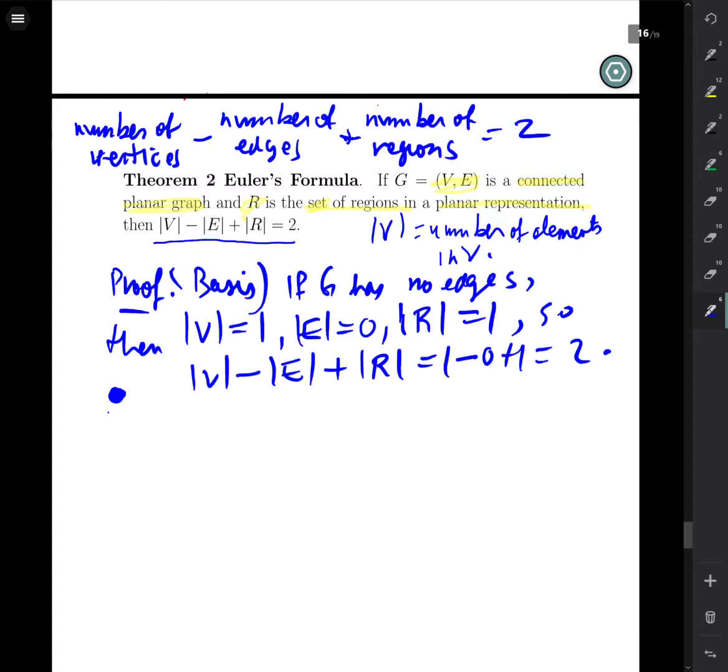So now let's assume it's true for a connected planar graph with n edges.